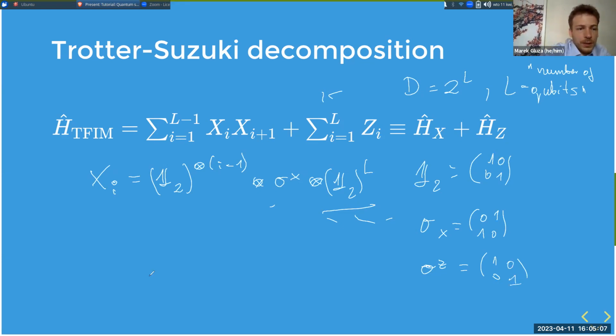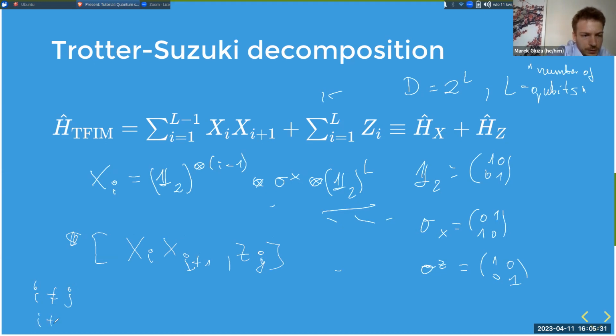Okay, so let's check that this is a non-commuting case. Very simple stuff. Take X_{i+1} and Z_i with Z_j, where we should consider cases. If i is not equal to j and i plus 1 is not equal to j, then the commutator is 0. If i equals j, what will we have?